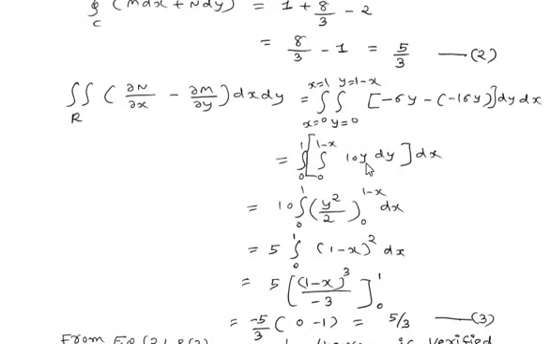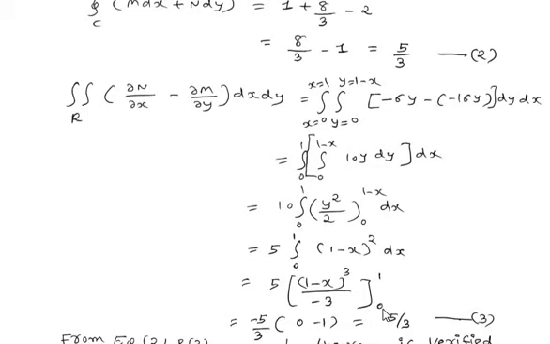Now the integration of y is y square by 2, and the inner limit is 0 to 1 minus x. Replace y by 1 minus x first, and for the lower limit it will be 0, so we have only (1 minus x) square. 10 by 2 is 5. Now the integration of (1 minus x) square with respect to x is (1 minus x) whole raised to 3 divided by minus 3.